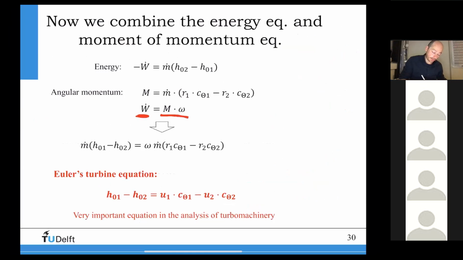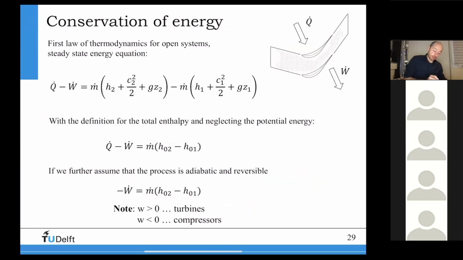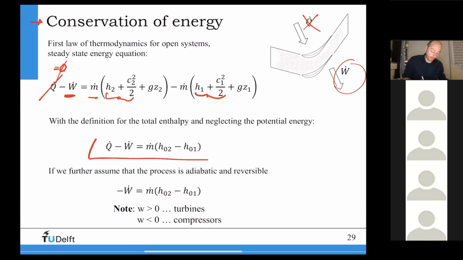This is one thing. And then I can also go back to use the conservation of energy and get the equation for power, the same thing I said before. I assume that Q is 0, that I have no heat losses across here. This is 0. The rotor will extract some work, and then I have W equals mass flow times H total in minus H total out, which is this one here.